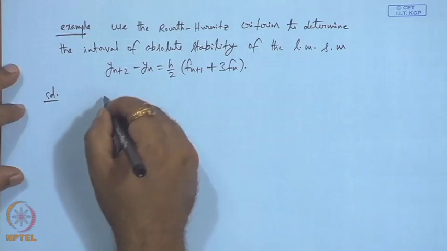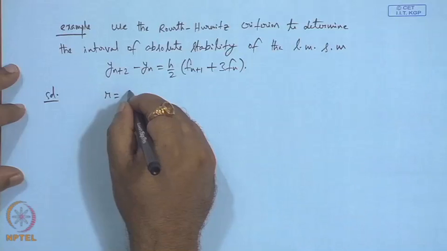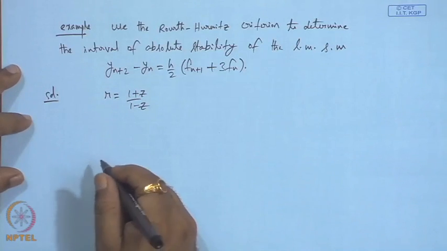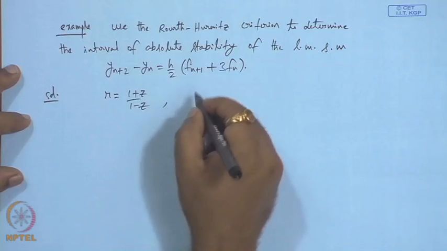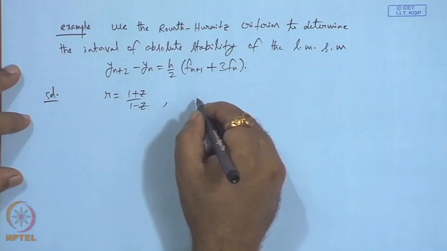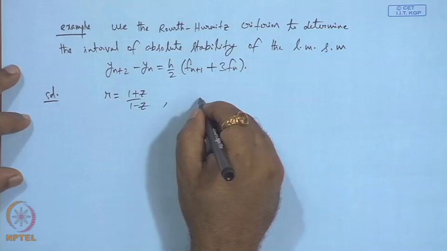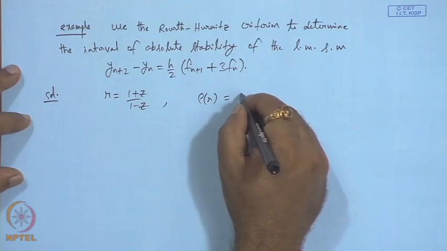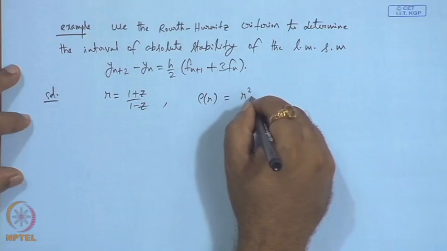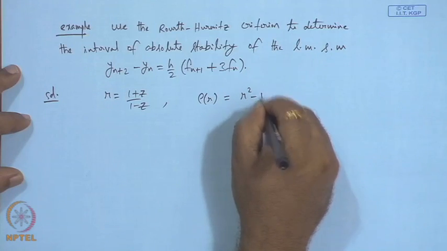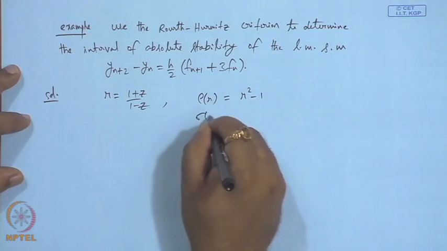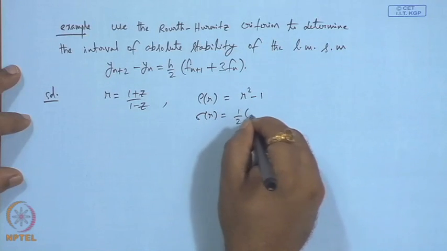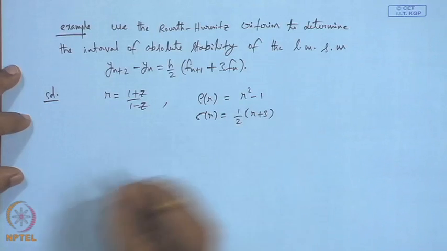So, we have r equals, this is a map. Then for this method, this is given by r square minus 1 and this is given by this.